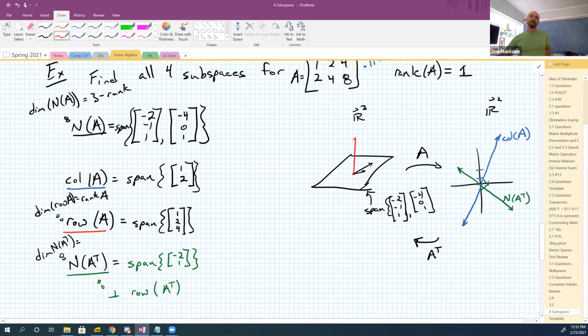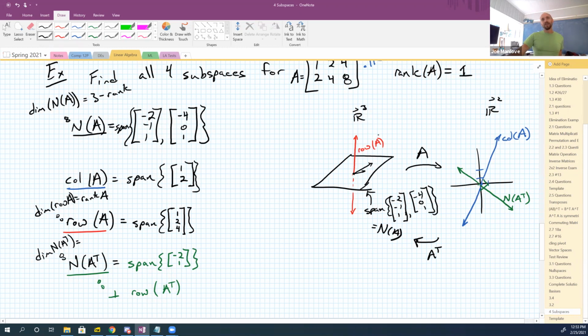So it sticks straight out of this plane. You guys see that? All 4 pieces, concretely drawn, perpendicularity checked, right? It's got to be.